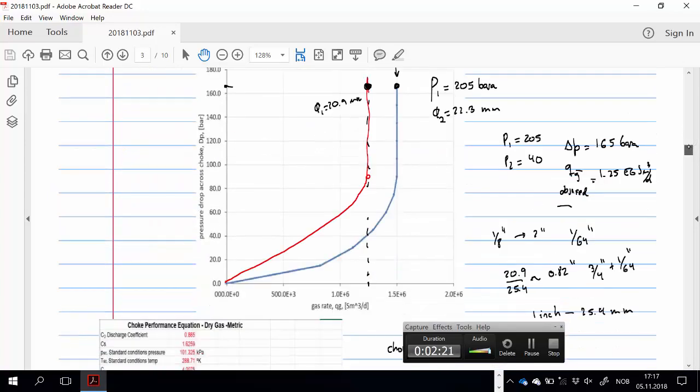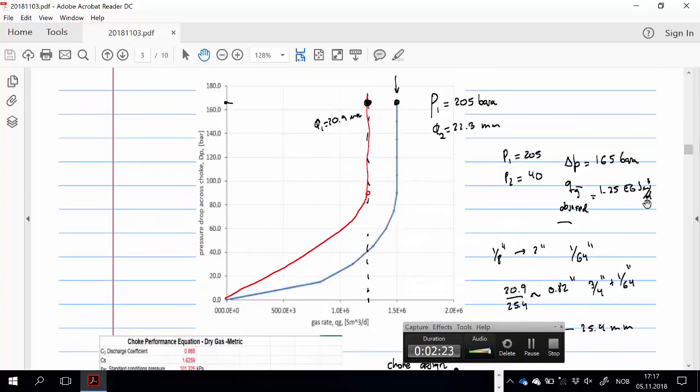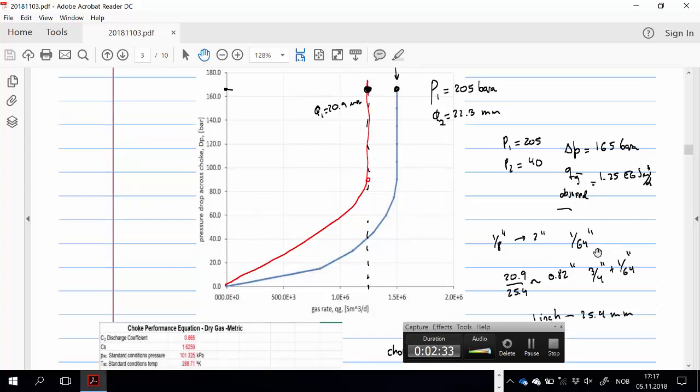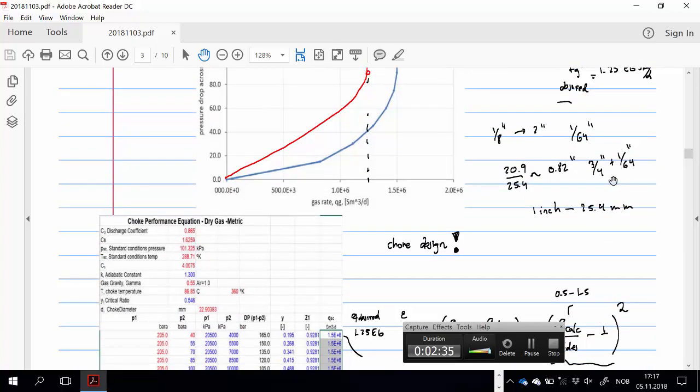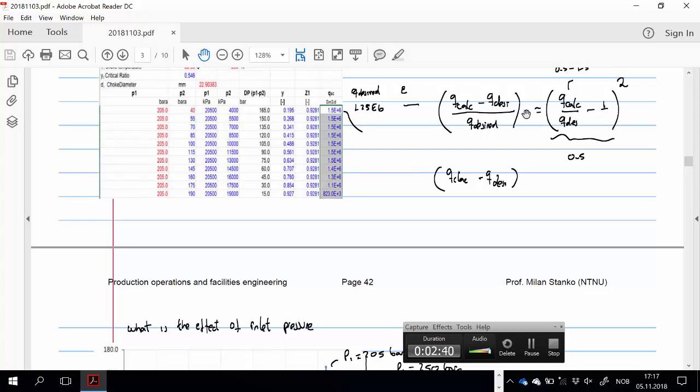So at the end, you use the solver to say, well, I'm in the critical regime, which is important to say which regime you are. And then finally, we iterated on the diameter. And then I told you we have to choose in the field the choke that has the closest size. Okay, here that was a complicated process, but we really saw that that's not really necessary.